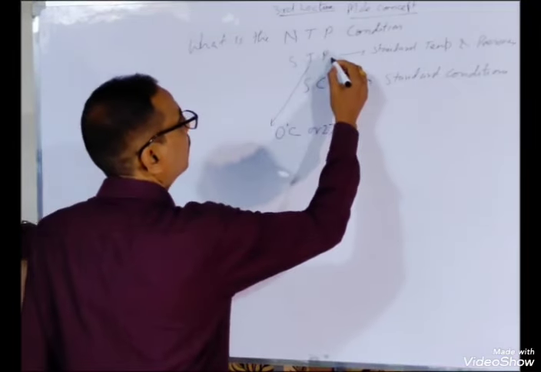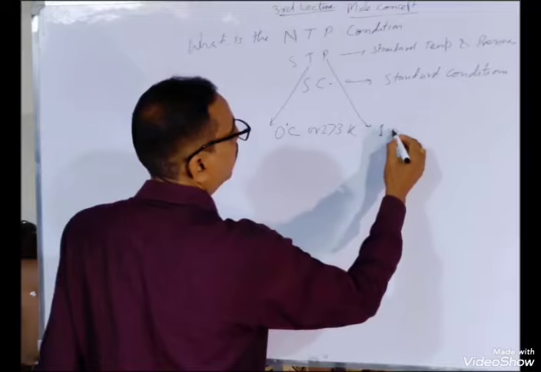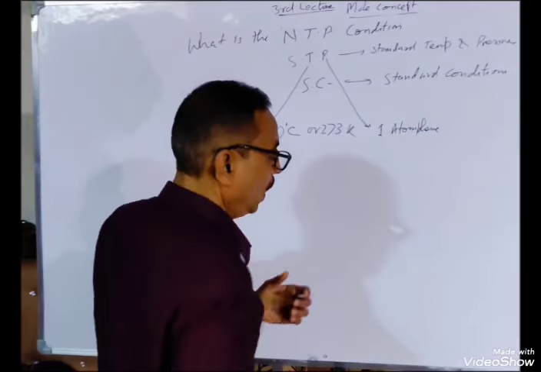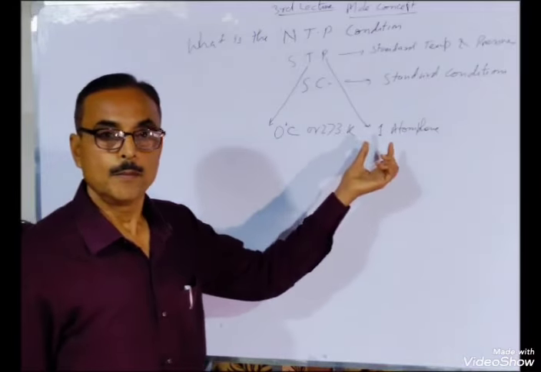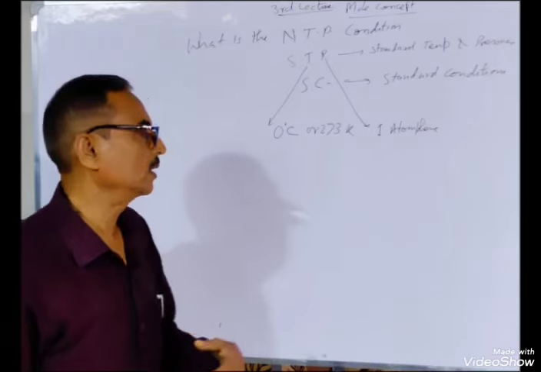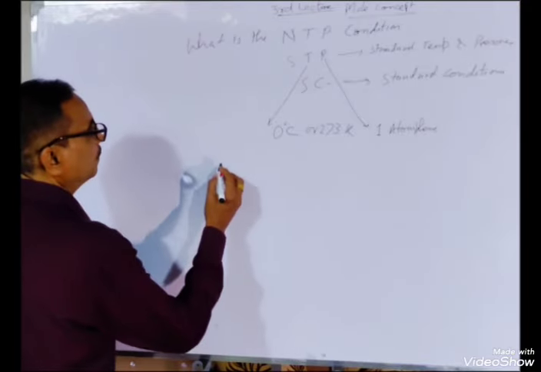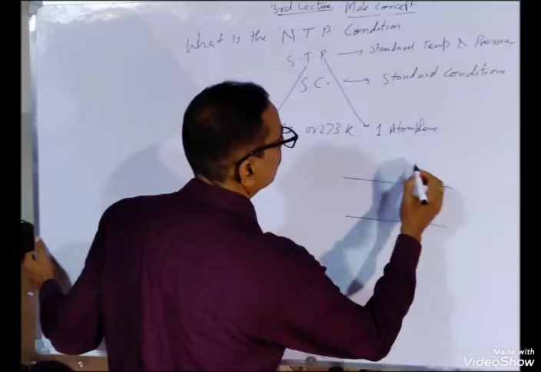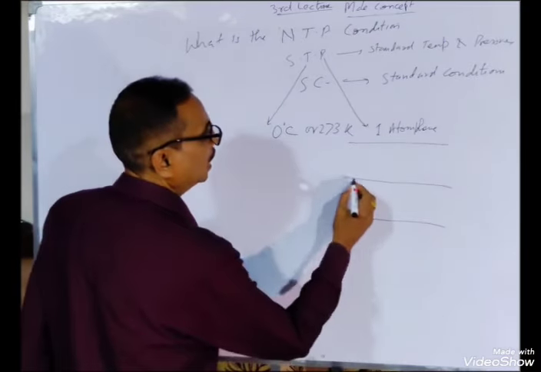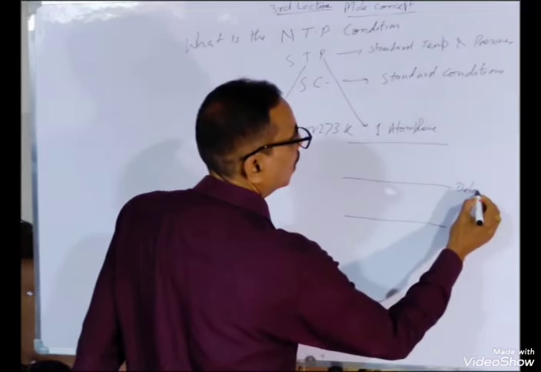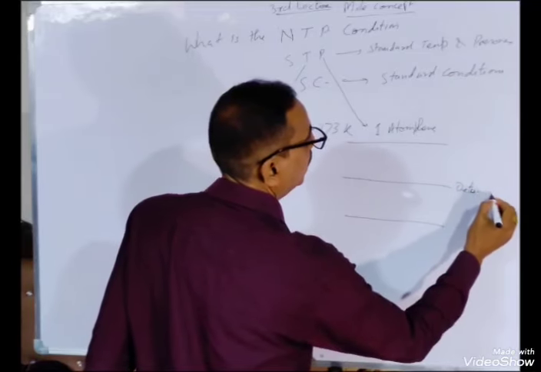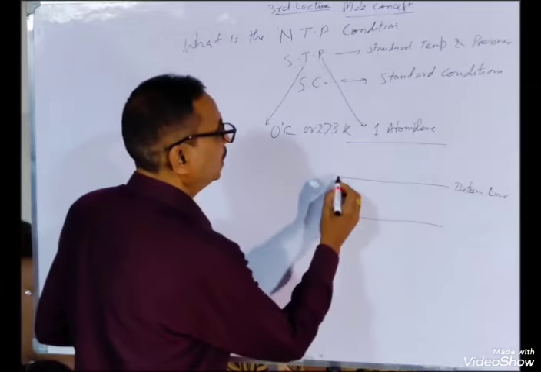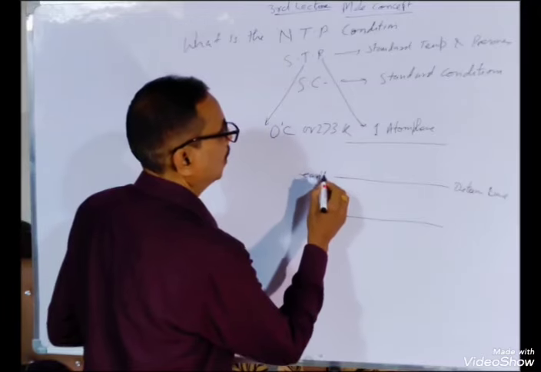And pressure is 1 atmosphere. 1 atmosphere means atmospheric pressure at the surface of earth. Pressure is defined with respect to a datum line. Suppose this is the earth surface.